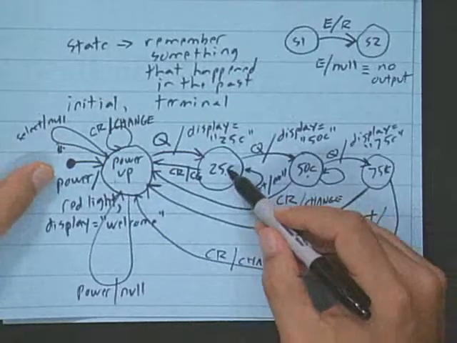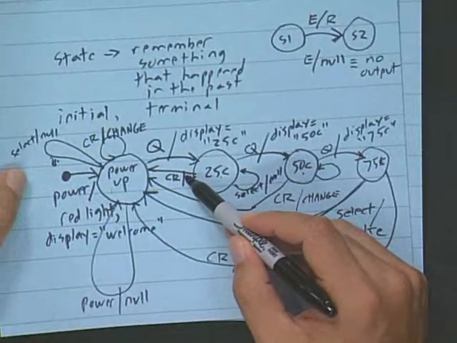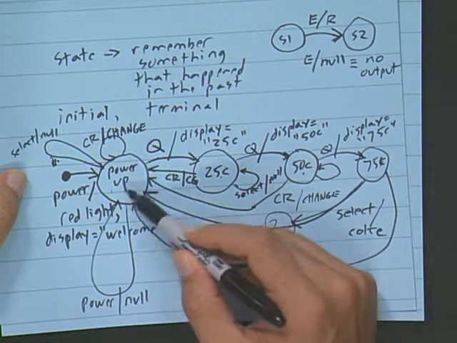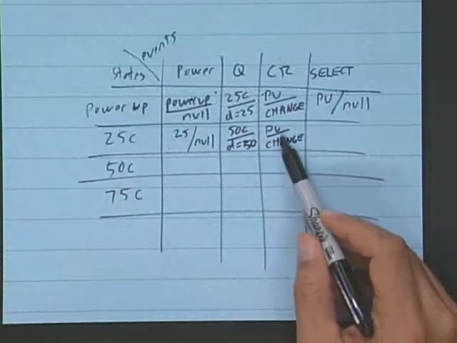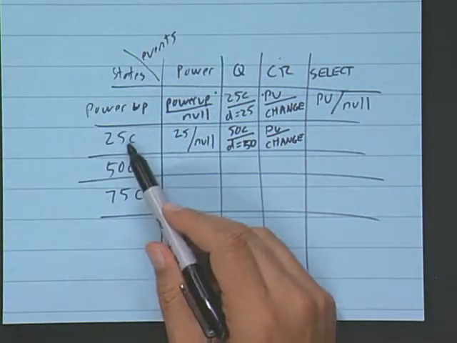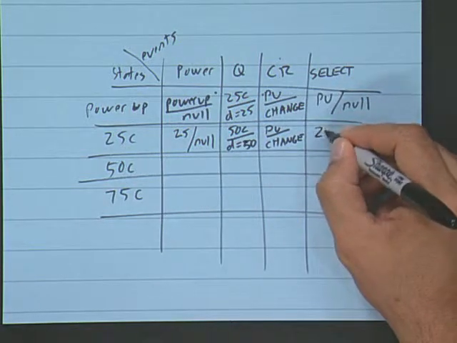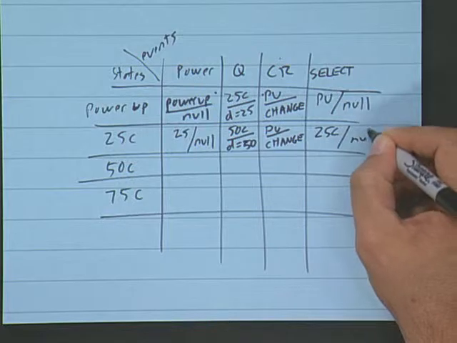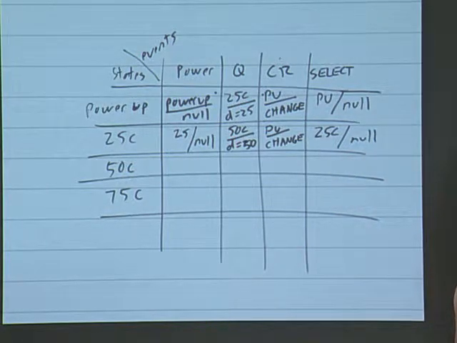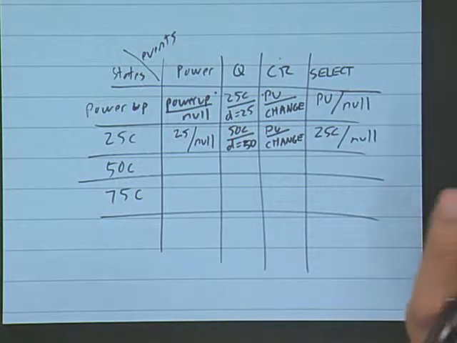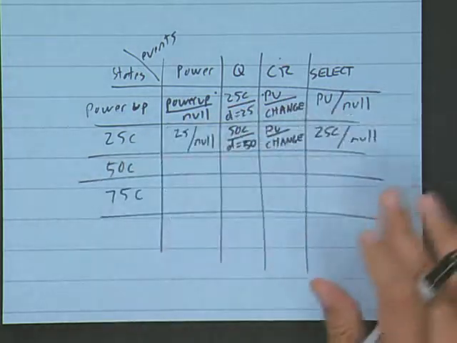So if I'm in the 25-cent state and I get a change return, I go to the initial state and I drop my change. That's what this is saying, power up, change. And then if I'm in the 25-cent state and I get select, what do I do? I'm going to stay in the 25-cent state and ignore it. Okay? And then you do this for this whole matrix.